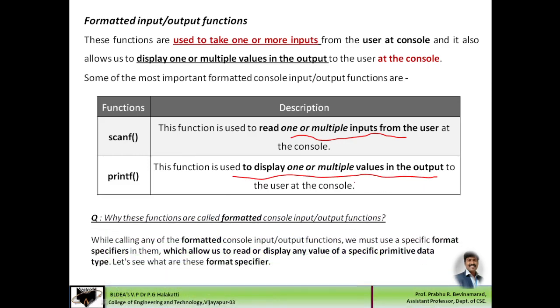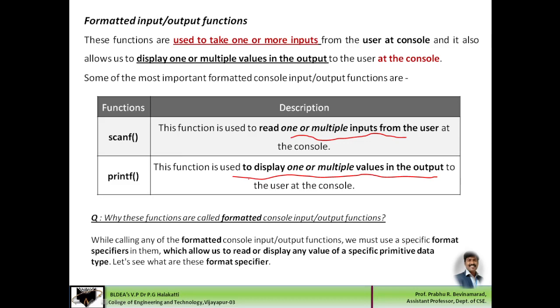So let us understand why these two functions are called formatted input-output functions. While calling any of the formatted console input-output functions, we must use specific format specifiers. The format specifiers are nothing but symbols which represent what type of data we are reading from the keyboard and what type of data we are displaying on the screen.